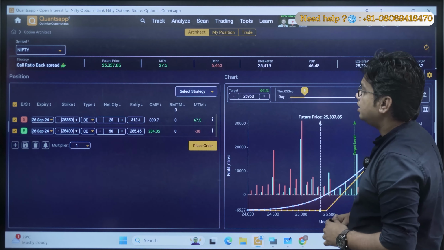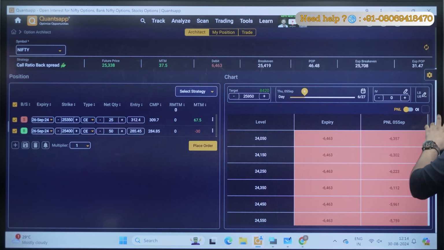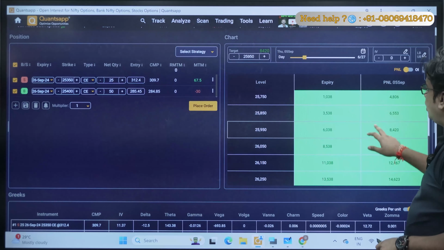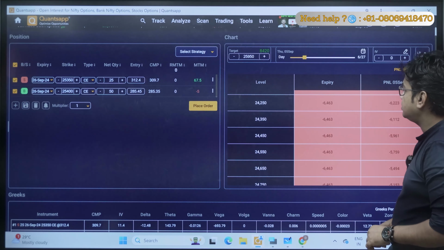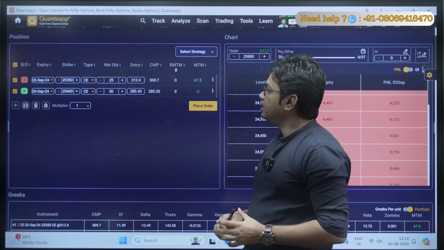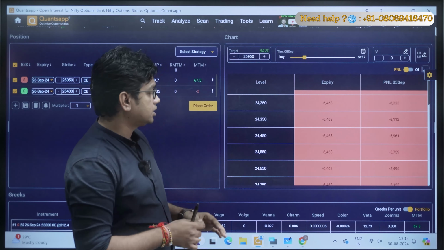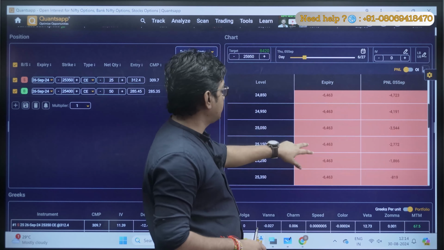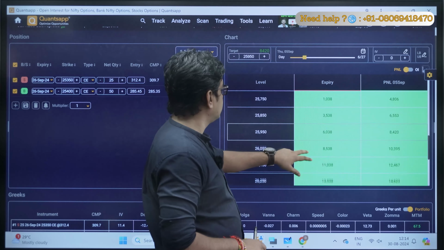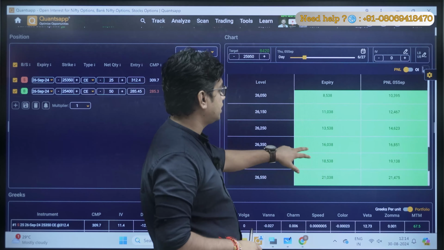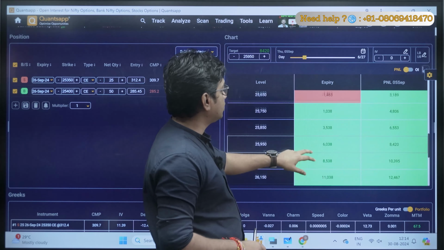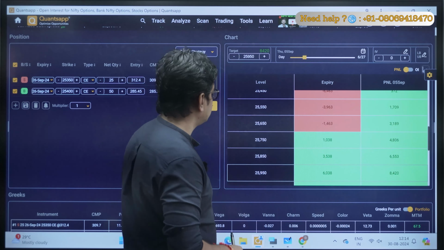Now if I go with the profit chart, you can see my loss is limited to 6,463. But if I check the profit, the profit is beyond my imagination. You can see it can reach 11,000 also, and it can reach 6,000 also.